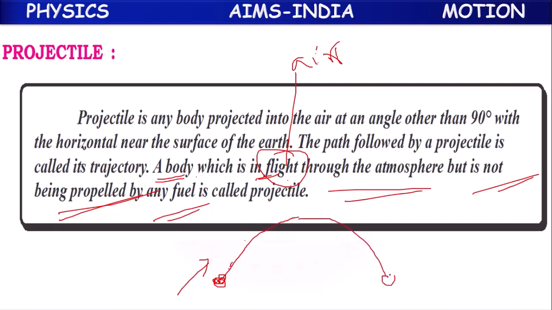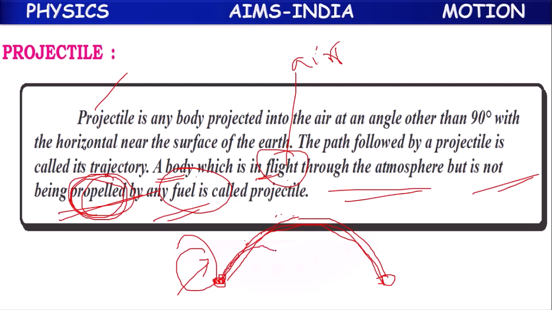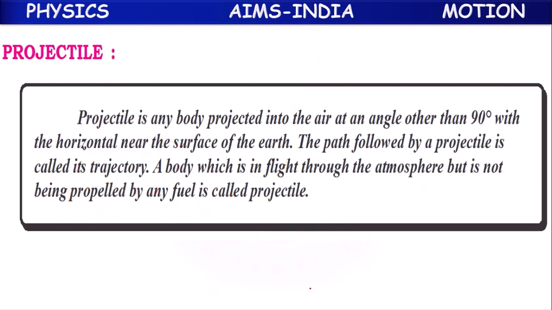By itself it is moving in the air without being propelled by any fuel. It is moving in the atmosphere with the help of the initial force we provided. So this is called a projectile, and its path is called a trajectory.